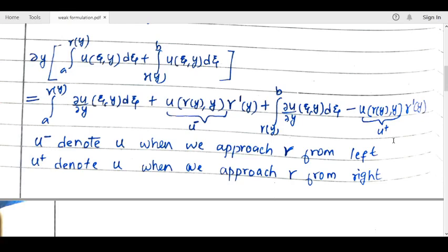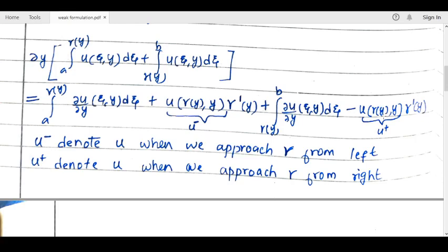Now here we will use notation. In the first term we have u of gamma of y comma y, which arises when the limit is from a to gamma of y, so we are approaching gamma from the left. We denote this term by u minus, as we have studied earlier. u minus is the value of u when we approach gamma from the left.